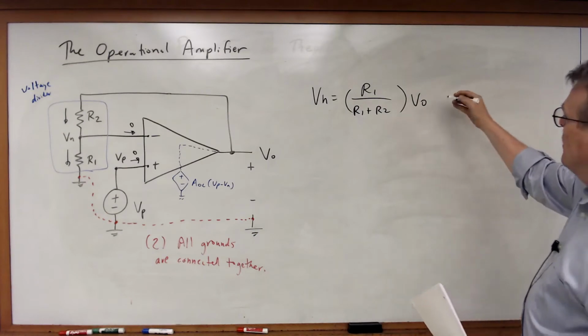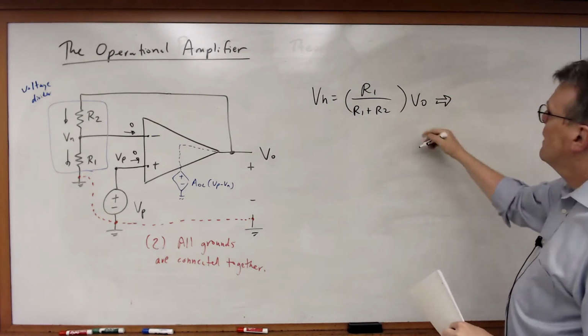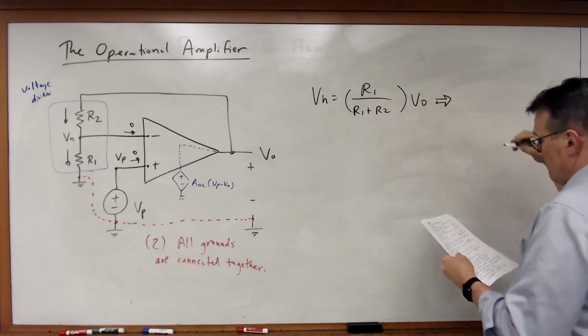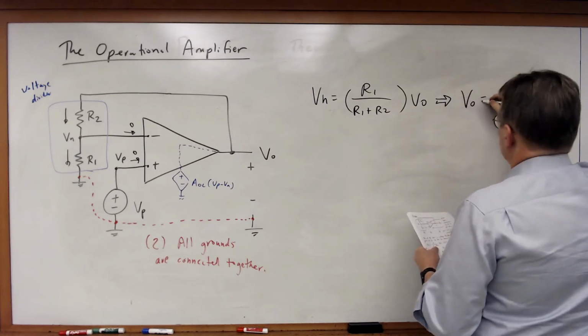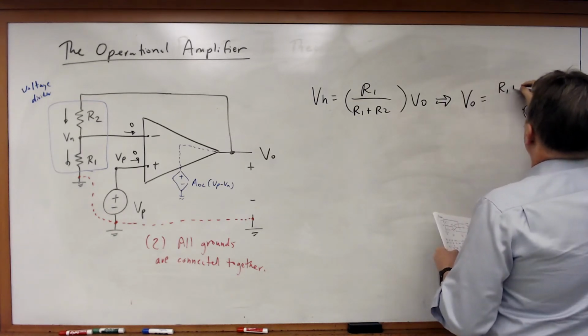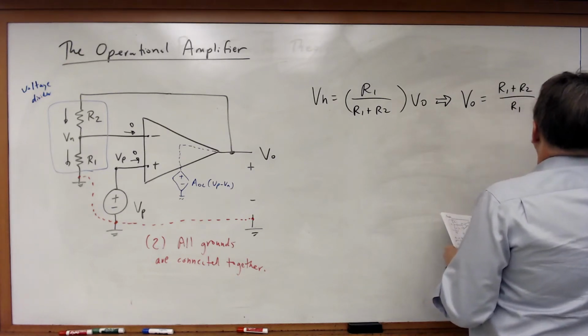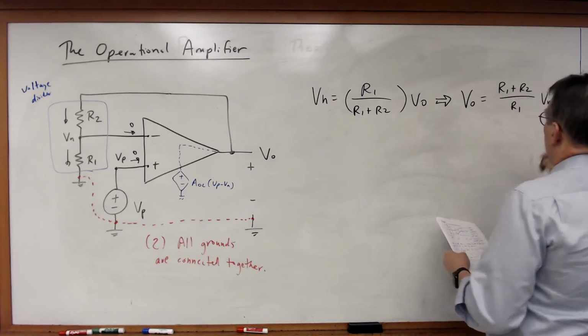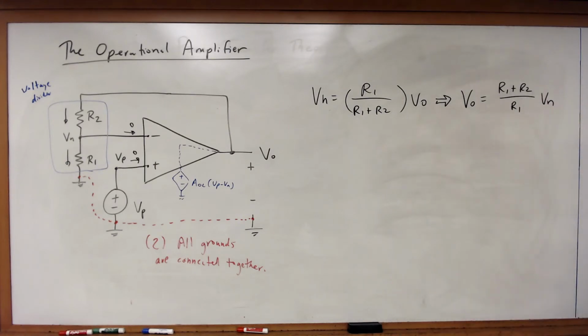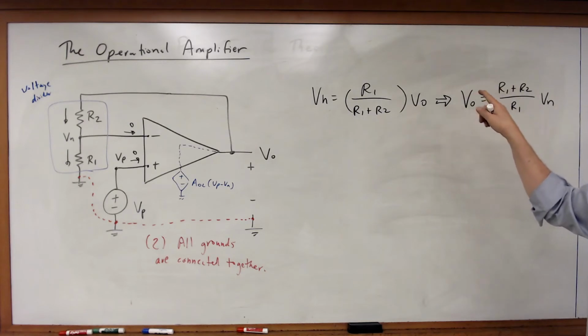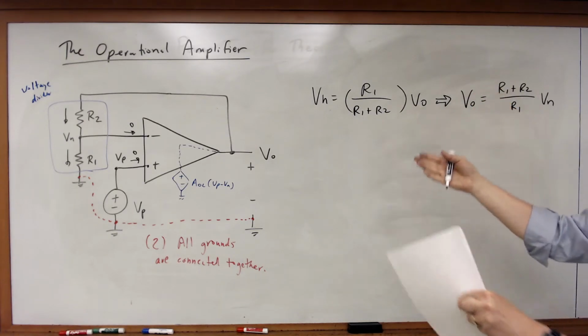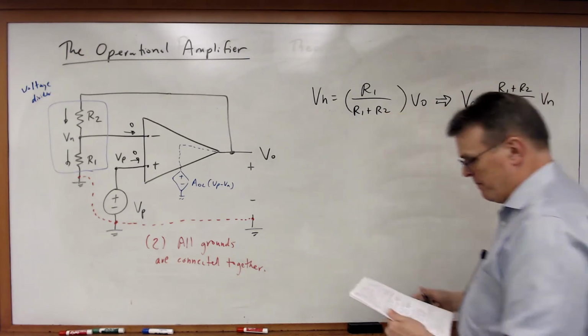And if I write it this way, I can rearrange this, and I can rewrite this in terms of VO. VO is just equal to (R1 plus R2) over R1 times Vn. All right, so these two equations relate the output voltage to the inverting input voltage.